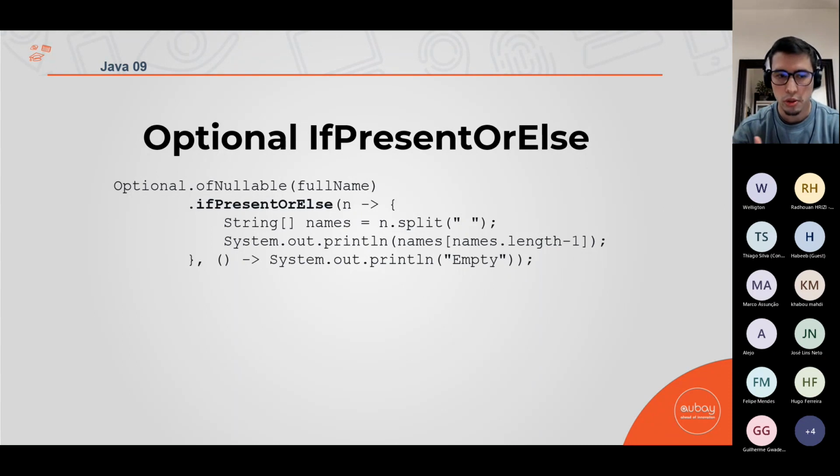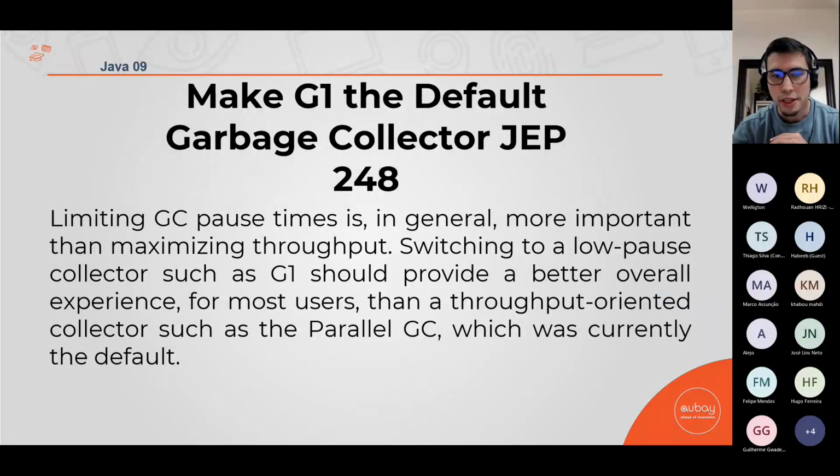Another very important thing is the G1 garbage collector. If you are using Java 9 or a newer version, probably, it depends, your garbage collector is G1. In Java 9, G1 became the default garbage collector, done by JEP 248.